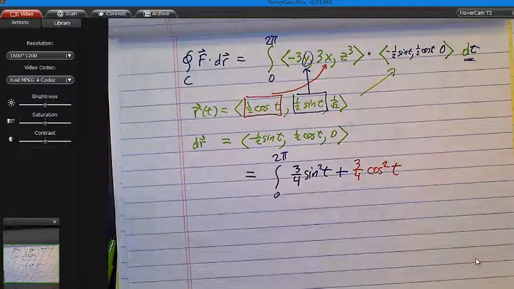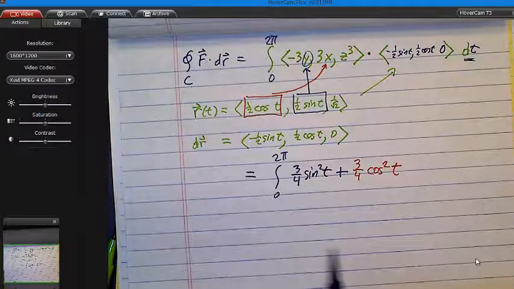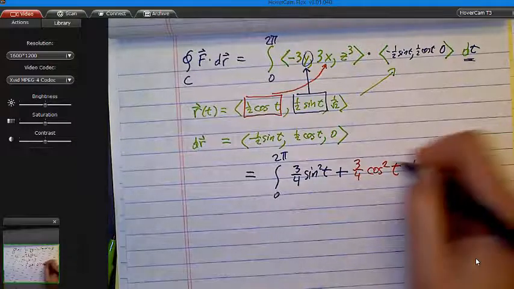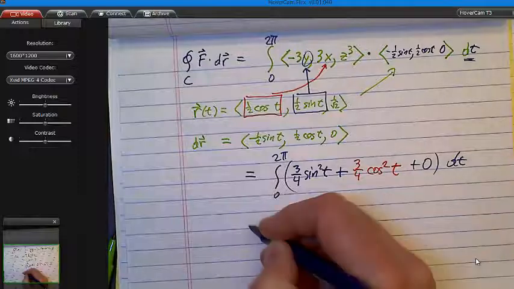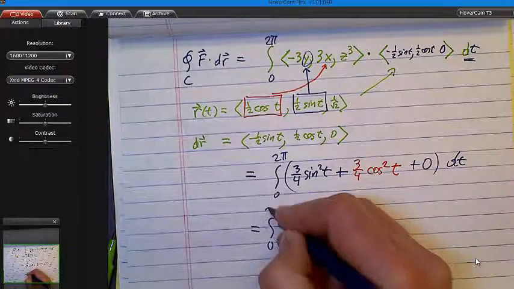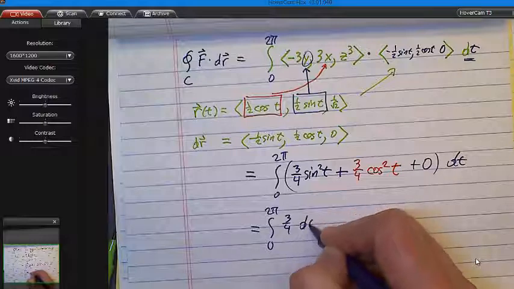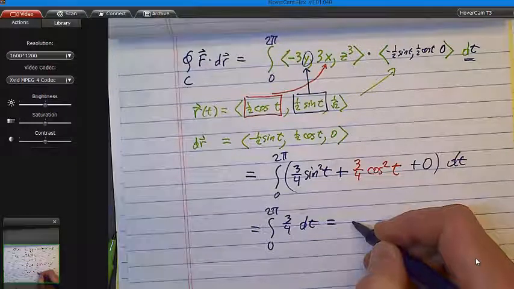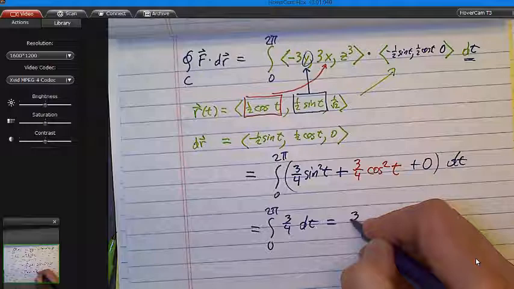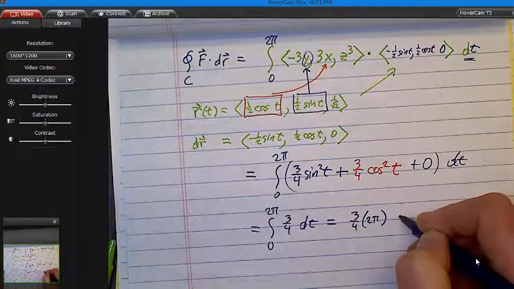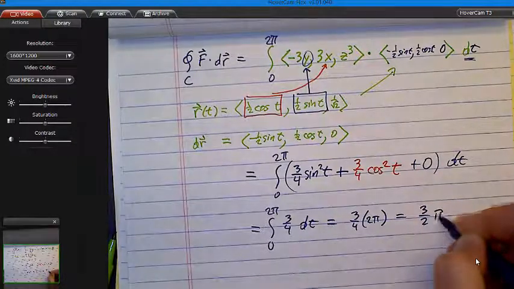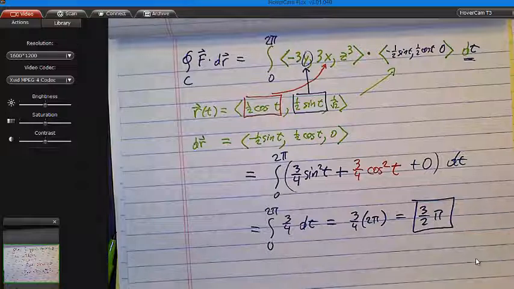Yep, this is really nice. Plus 0 dt. So we're going to integrate from 0 to 2 pi, 3/4 dt. So we get 3/4 of 2 pi, which once again is 3/2 pi. We verified Stokes' theorem.